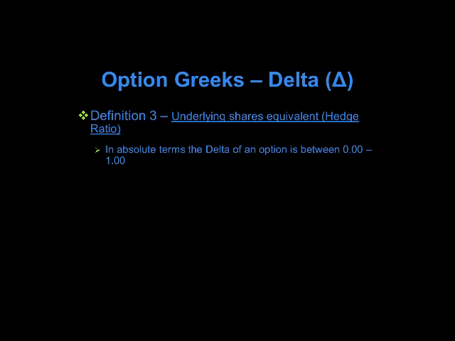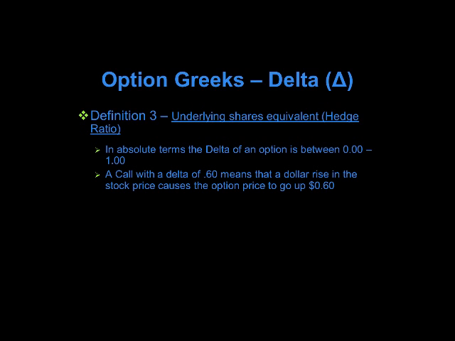The hedge ratio is very important and very simple. An option's delta in absolute terms, meaning whether it's a put or call, take the negative away, has to be between 0 and 1. What's the delta of stock? It's 1, right? Stock always has a delta of 1. So a call with a delta of 60 means that a $1 rise, as we talked about, makes the call premium go up by 60 cents.